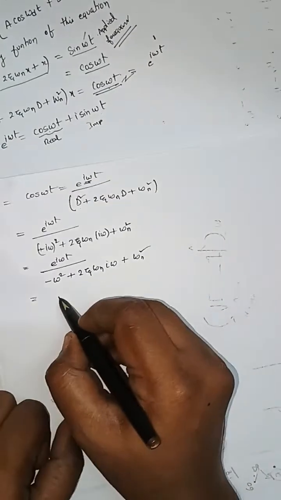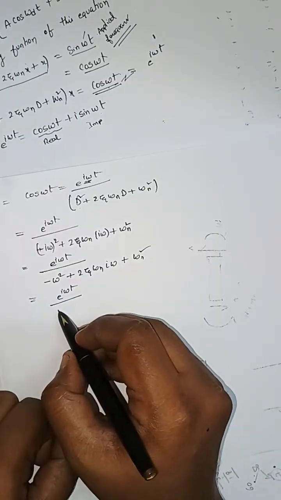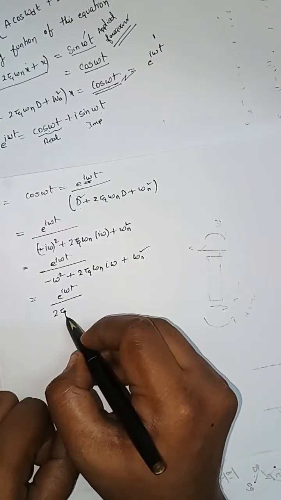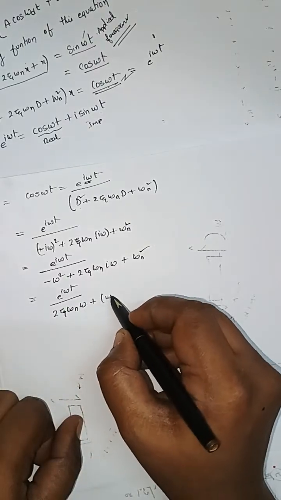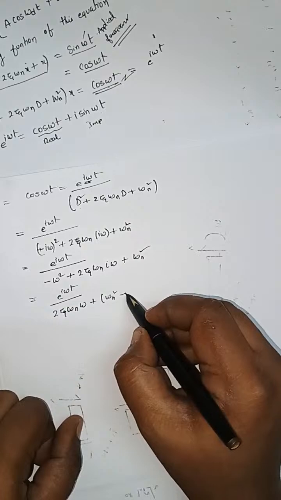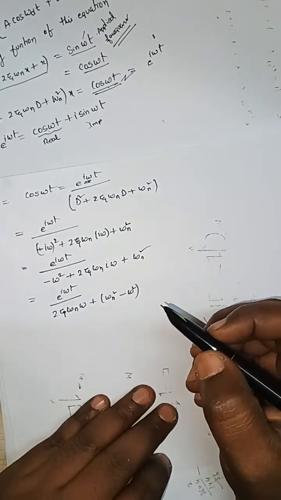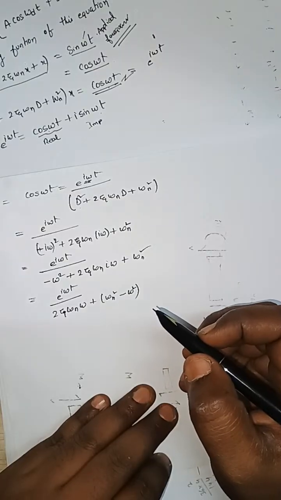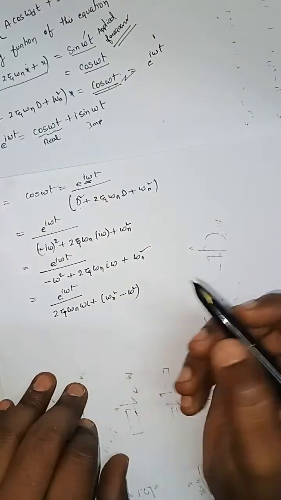Further simplifying, we get 2 zeta omega n omega i plus omega n square minus omega square.